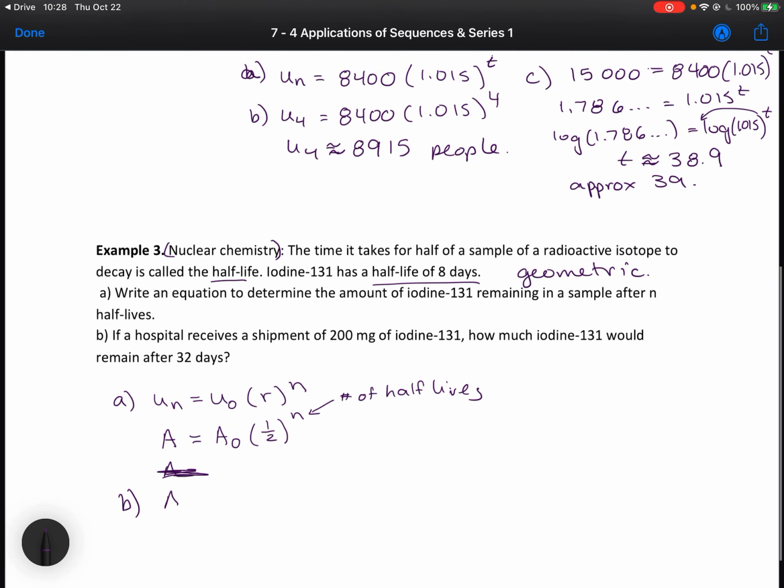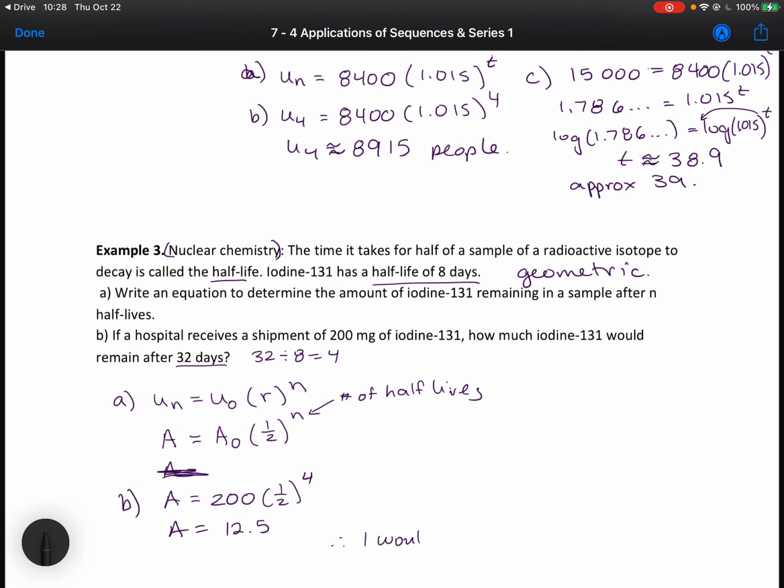Then for part B, I'm actually going to put some values into my equation. So my initial value, that's 200 milligrams, and then after 32 days, 32 divided by 8 would give me 4 half-lives. So that's going to be my exponent, which is going to allow me to calculate my value here, which is going to give me 12.5.